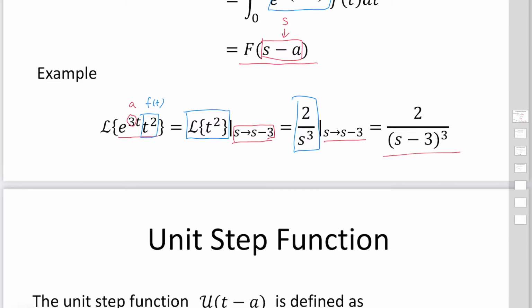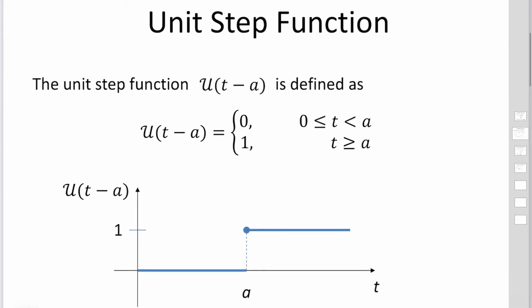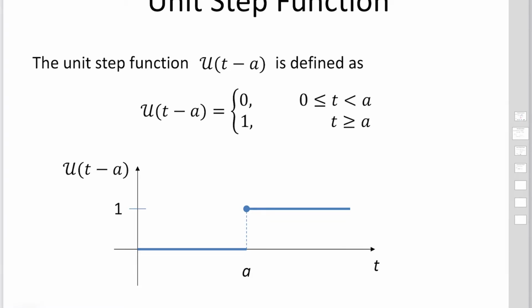Okay, using the first translation theorem, you can find the Laplace transform of a function when the function is expressed as a product of the exponential function with any function. I'd like to introduce the unit step function. The unit step function u(t minus a) is defined as follows. When t is between 0 and a, the unit function is 0.